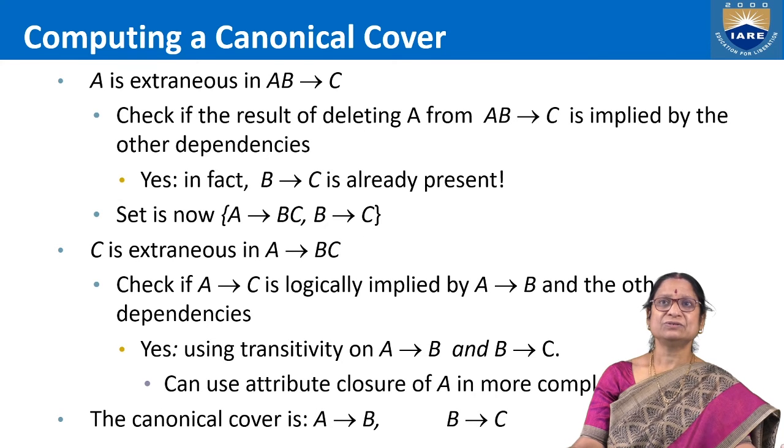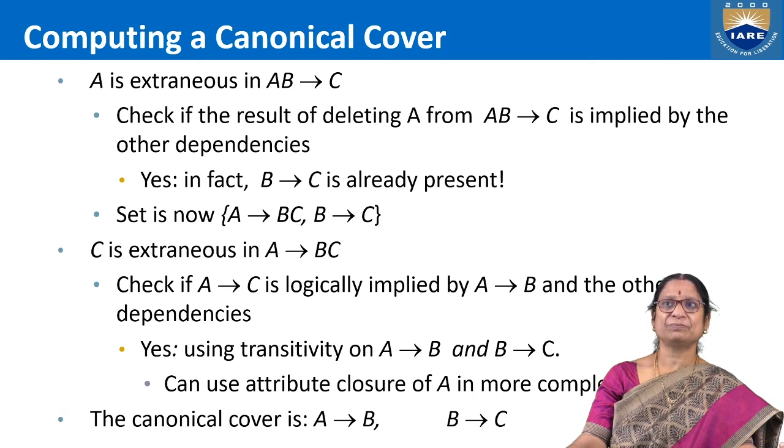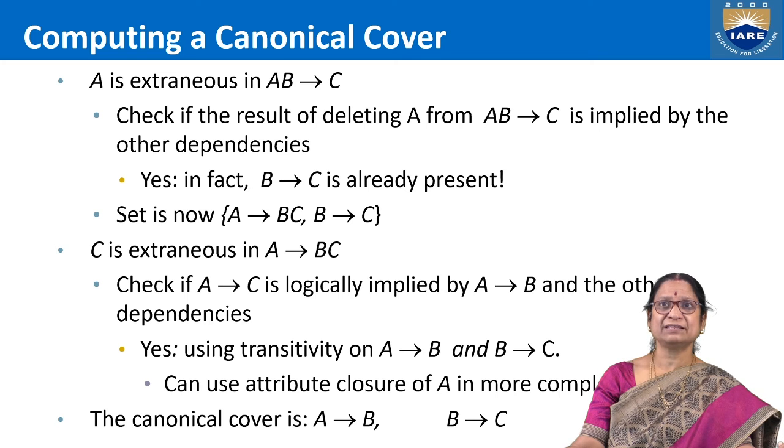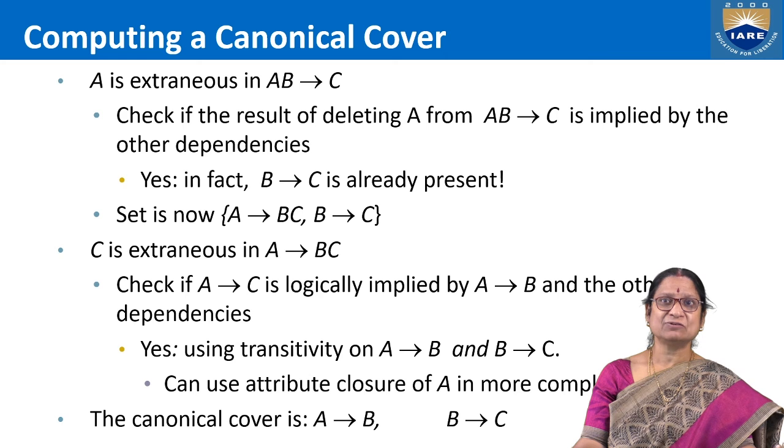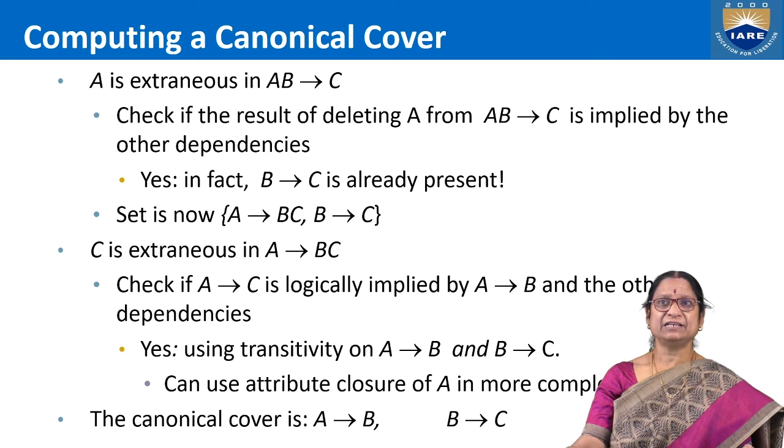So check whether the result of deleting A from AB determines C is implied by the other dependencies, because B determines C already exists. If we remove the extraneous attribute, then what set do I have? A determines BC and B determines C.